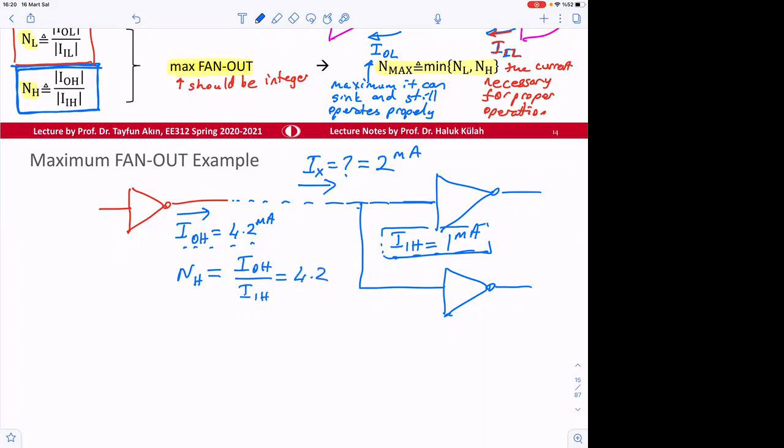It should be an integer, so N high maximum is 4. Is that okay? For the high case, when the output is high here, that is the maximum.